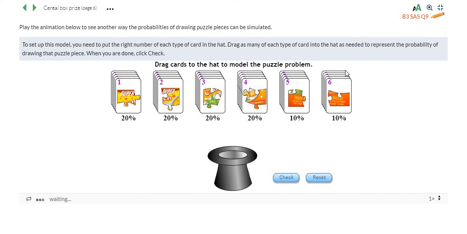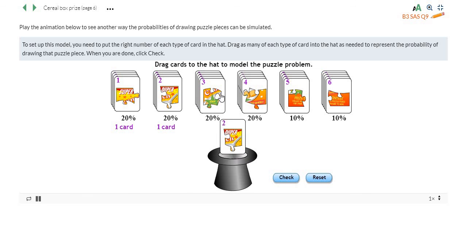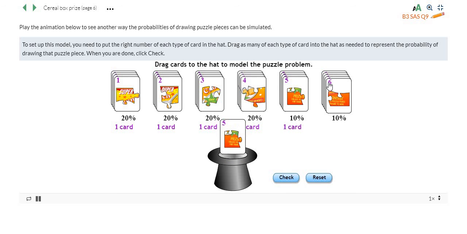Okay, let's take a look at this. Watch. If I put one of each card into the hat, that is mimicking the dice that I have right now, because it's representing one of each side. And we already said that doesn't work. So what do I need to do to have cards 1 through 4 be double as likely to happen than 5 and 6?